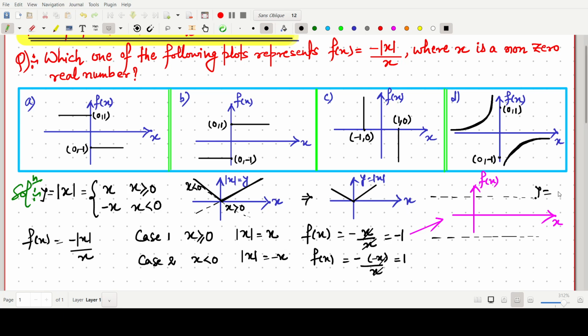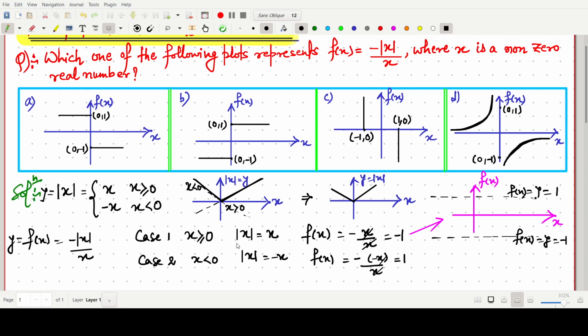Here this can be written as y equals minus mod x by x. So once again, f(x) equals 1 in one region and f(x) equals minus 1 in the other.